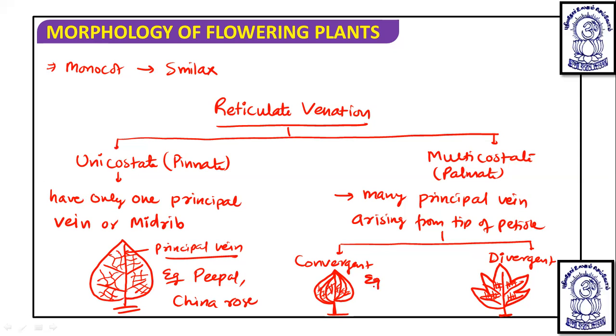Examples of convergent multicostate reticulate venation are Zizyphus and Smilax.